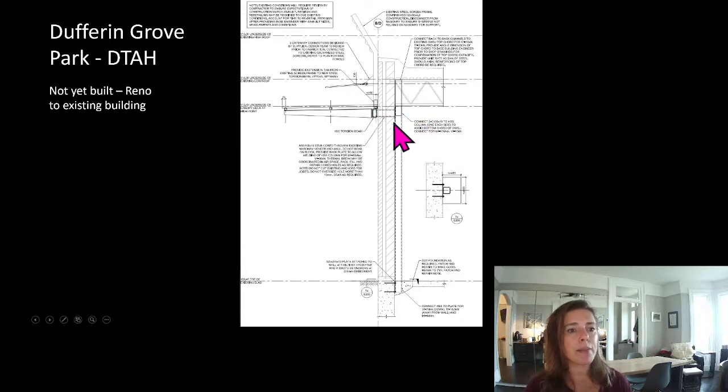We did have some back and forth, and we gave one or two suggestions on how they could meet this detail here. The last I heard, the canopy is being fabricated as we speak, and some of this steel will be going in very soon.